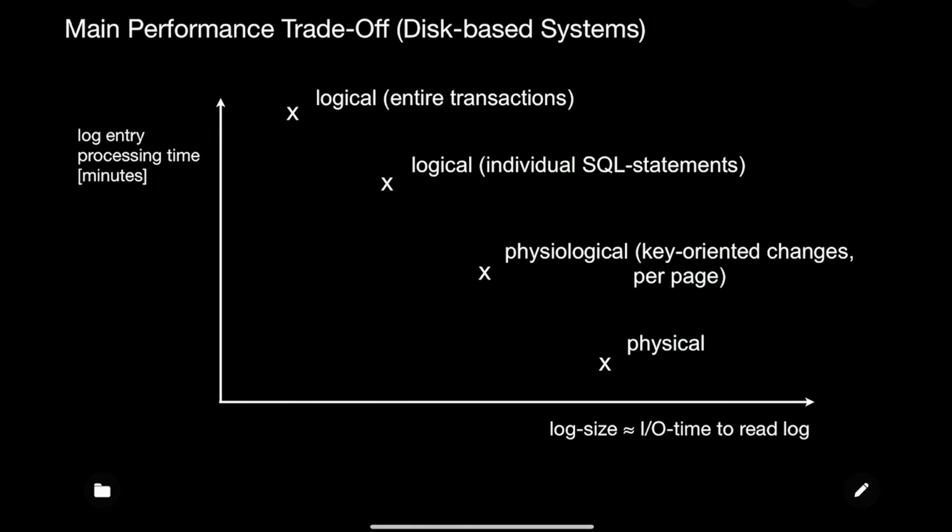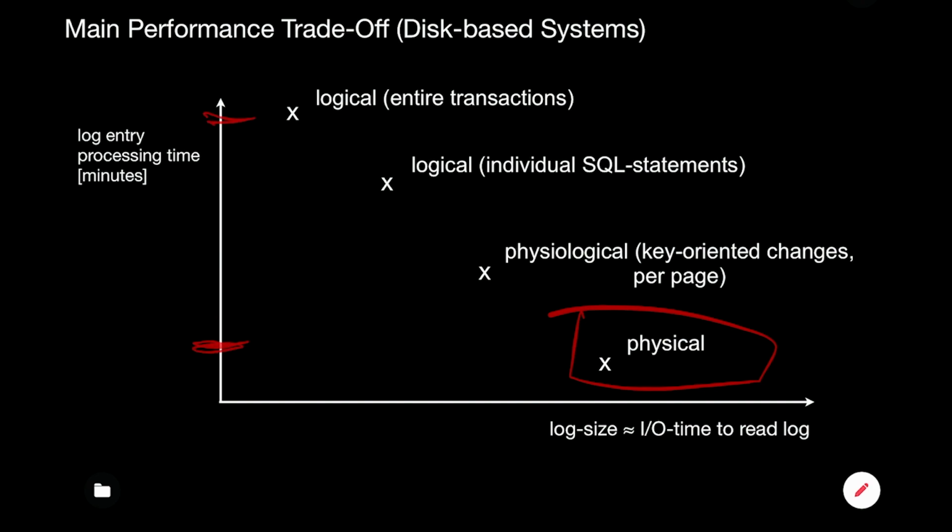That is what you see with a disk-based system. Physical log records are relatively fast to execute, whereas logical ones may take a lot of time. That's much more expensive.